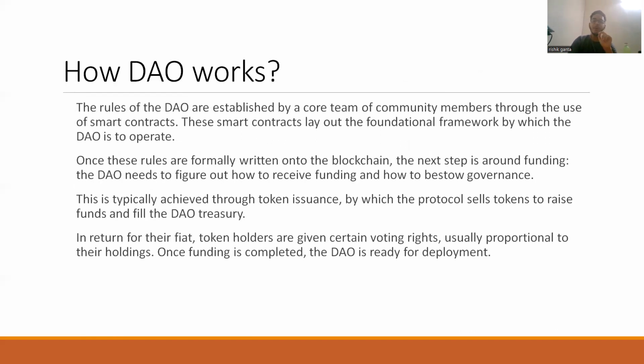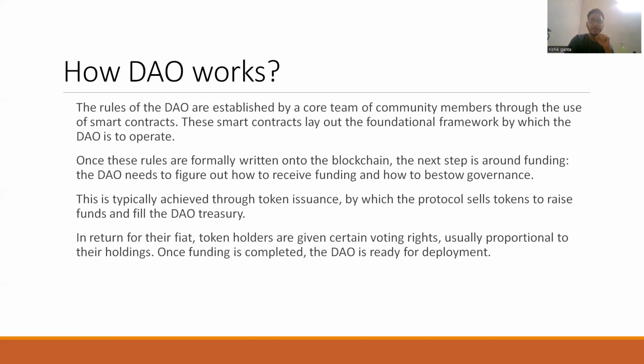The rules of DAO, or how the DAO works. The rules of DAO are established by a core team of community members through the use of smart contracts. These smart contracts lay out the foundational framework by which the DAO is to operate. Once these rules are formally written into the blockchain, the next step for the DAO is to gather funding.